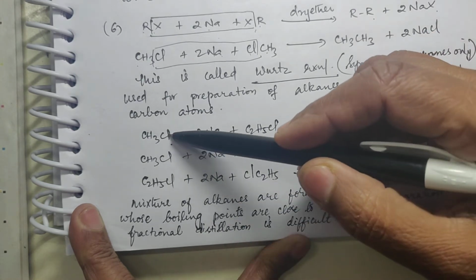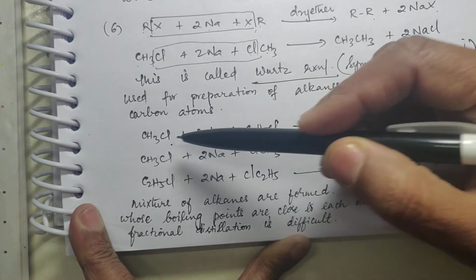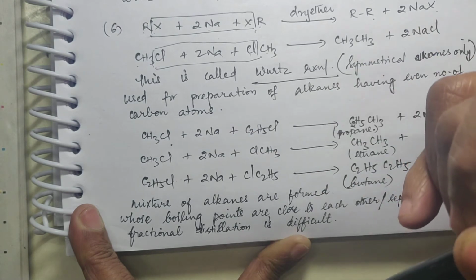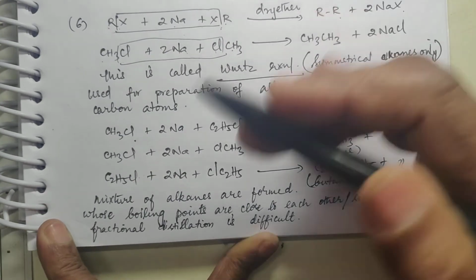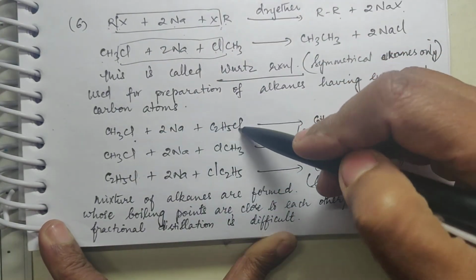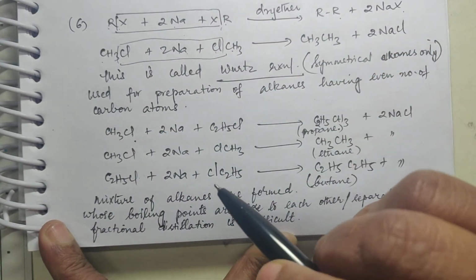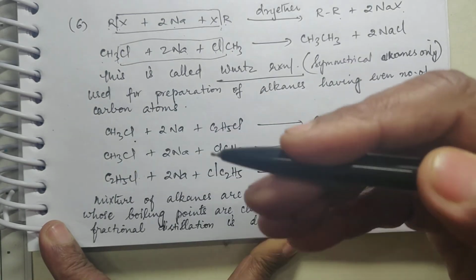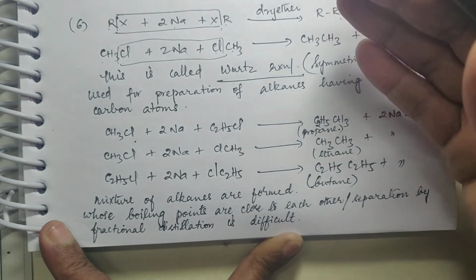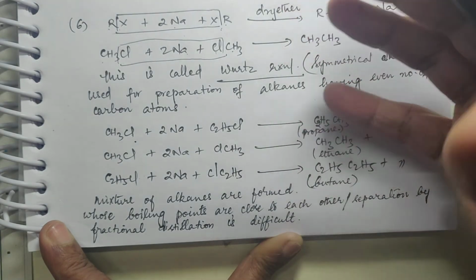Now in the medium, though you are taking a mixture of CH3Cl and C2H5Cl, you cannot stop CH3Cl from reacting only with C2H5Cl. It's possible that the CH3Cl may come in contact with another CH3Cl present in the medium within the container. Okay.